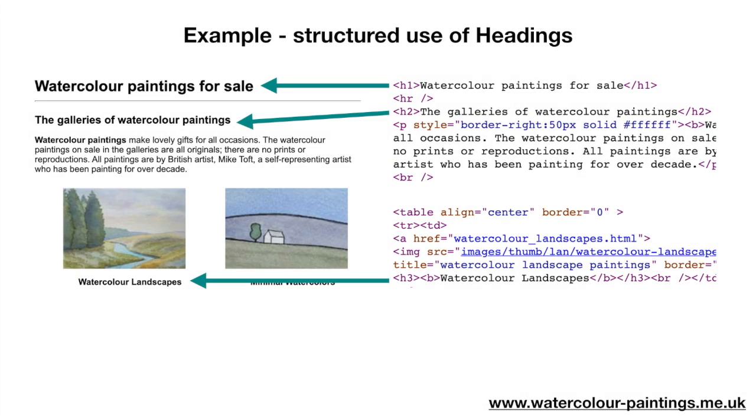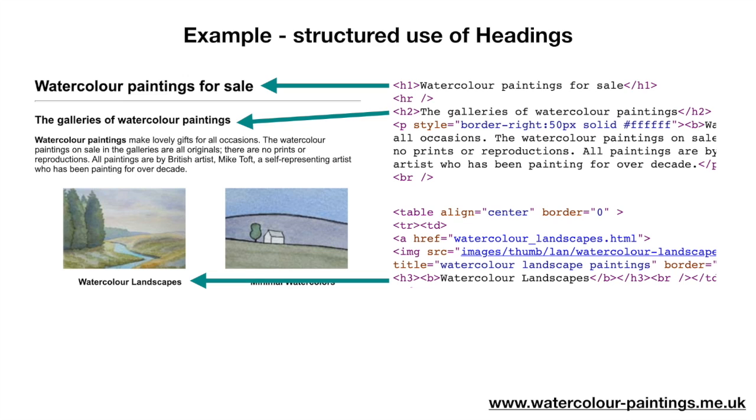And here's an example. This was a website I coded maybe 12, 14 years ago. My concept was I wanted to sell watercolor paintings. You can see the code on the right-hand side. The first line in this screenshot is H1, telling the search engines there are watercolor paintings for sale. H2, just 2 or 3 lines below, is saying, hey, on this web page there are galleries of watercolor paintings.